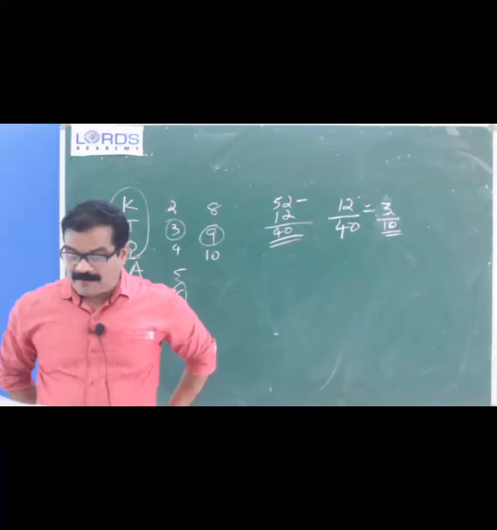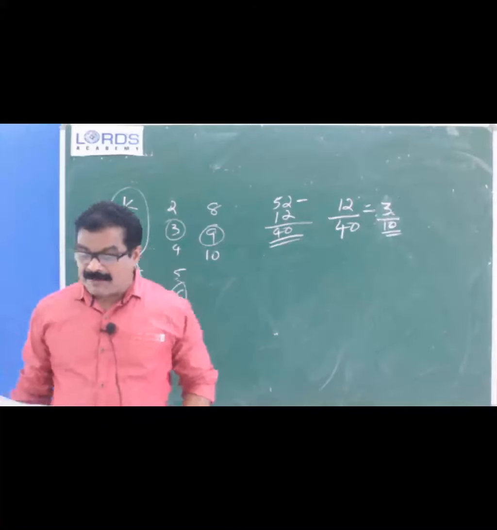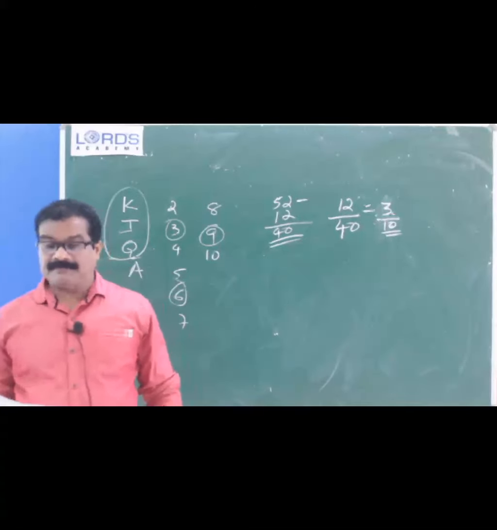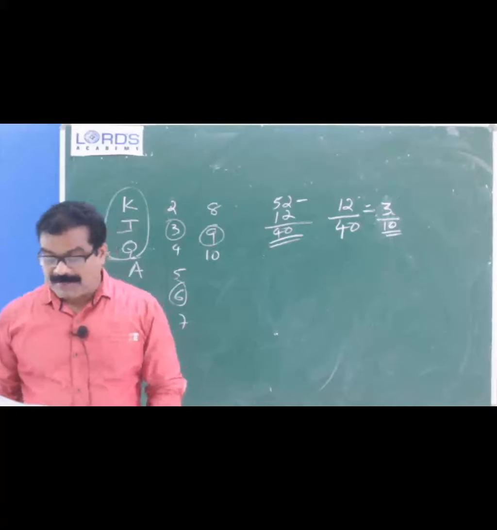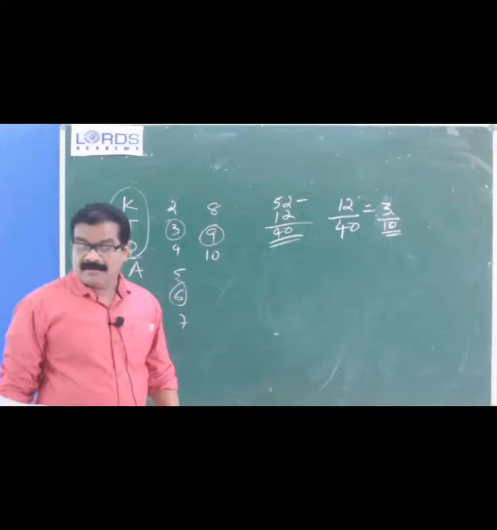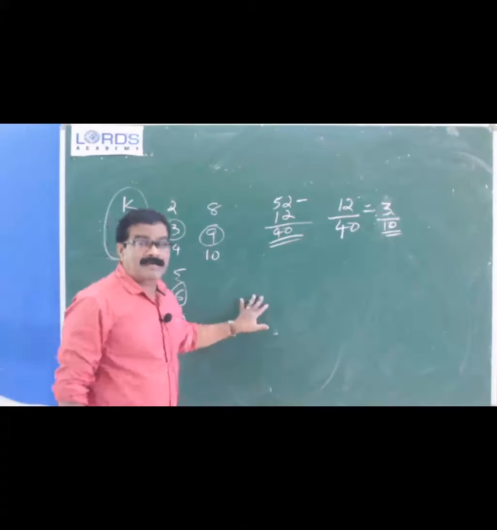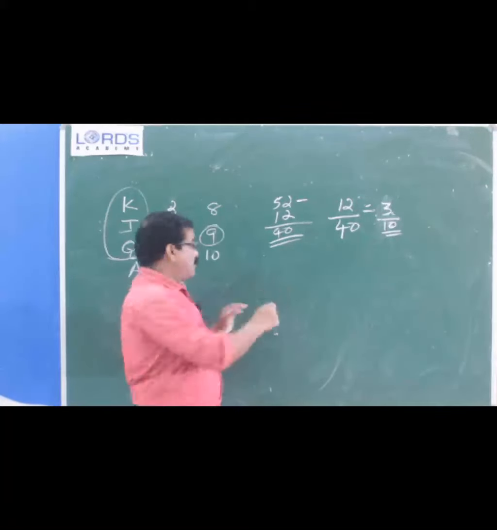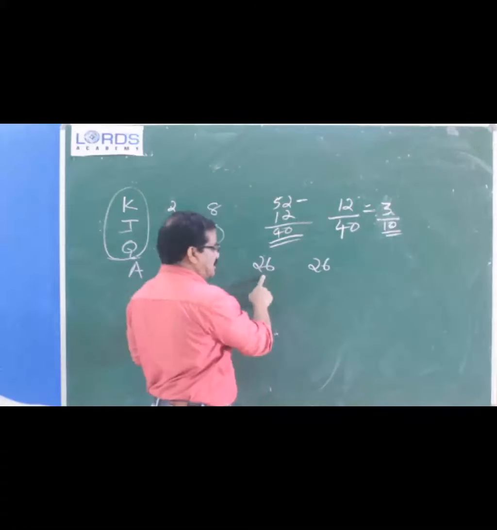Then the second one: what is the probability of getting an even numbered red card? Before that you need an idea about how many red cards are there. In the previous class I mentioned that there are 26 black and 26 red.